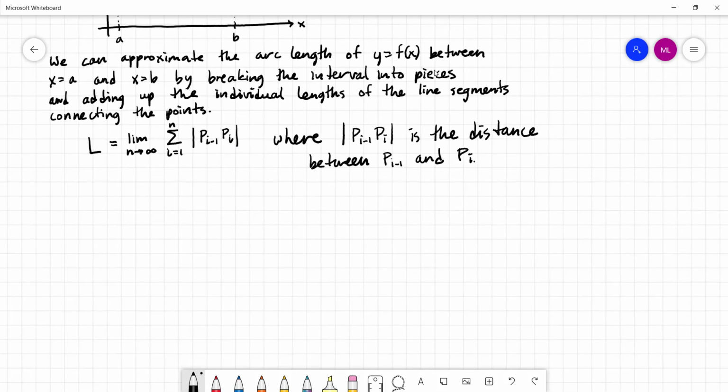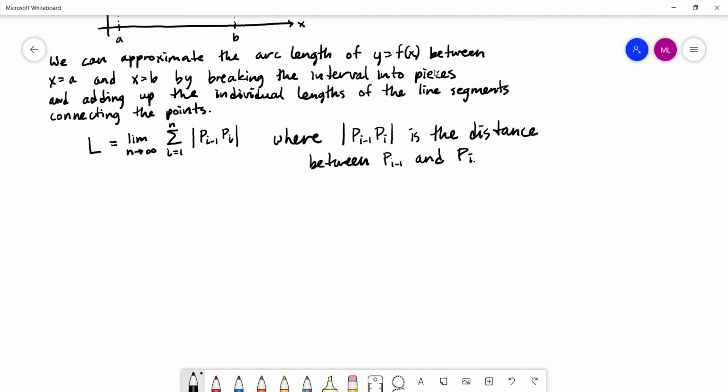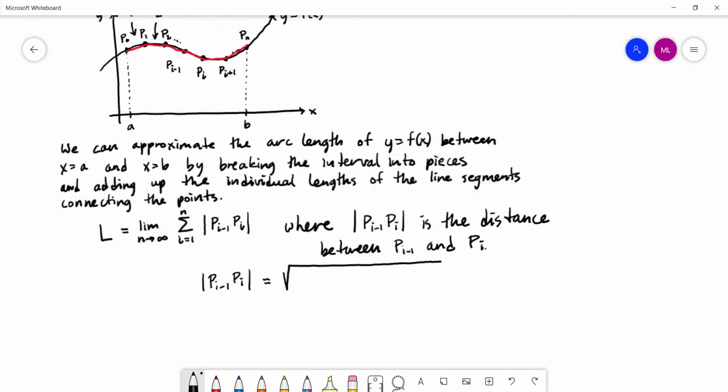So thinking about what this represents, this |p_{i-1} p_i|, I'll try to write it as carefully as possible so the subscripts don't get buried. This is just going to be the square root, right? So I'm doing the distance formula, the difference between the x coordinates of the two points.